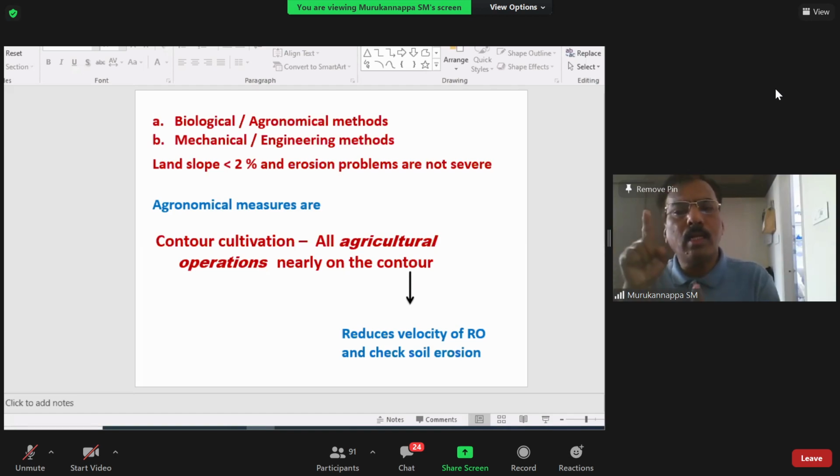So if you take the factor topography into account, you have to adopt some important mechanical checks. That is why we have categorized these conservation measures into two groups: one is agronomical measures and the other is engineering measures, which are nothing but mechanical methods.